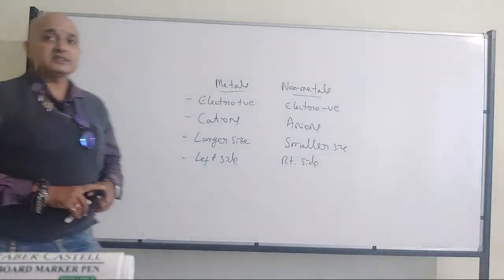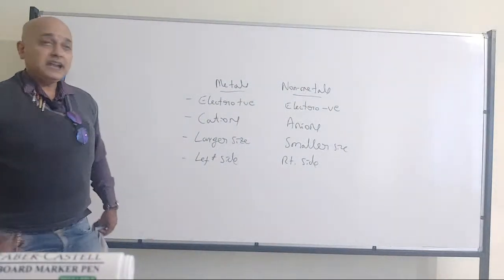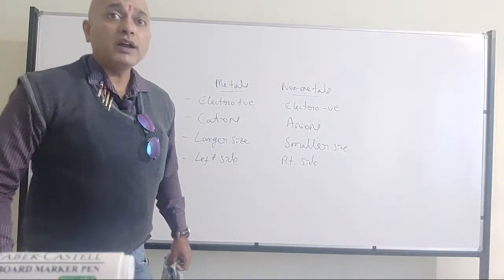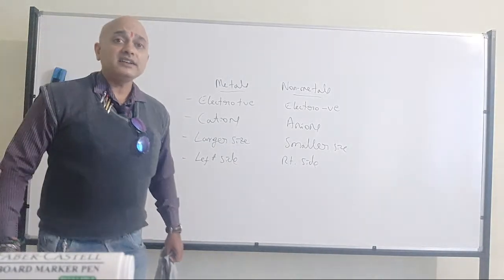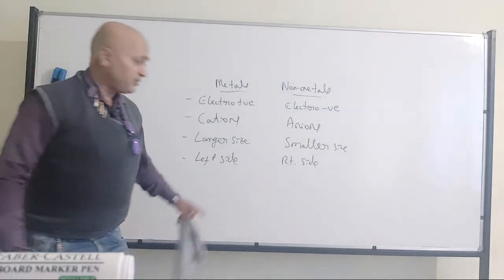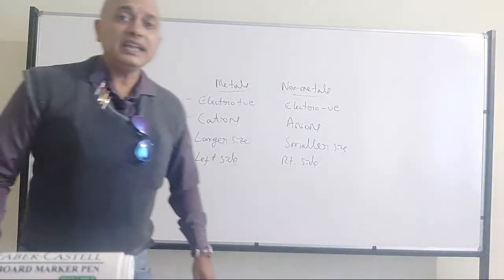Non-metals, as we have seen, are present abundantly in the p block, and the p block is present on the right side. Group 1 and 2, especially alkali and alkaline earth metals, come under the left side. Therefore, metals are on the left side and non-metals are on the right side.